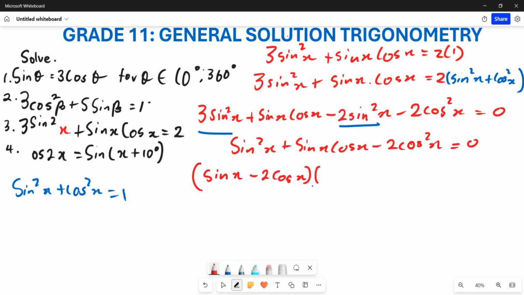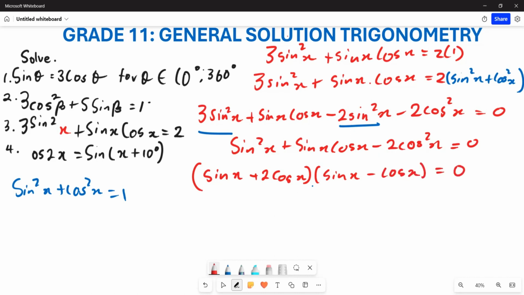The other one is going to be sine x. And remember, this is minus, so this one must be plus, and this is supposed to be minus cos of x, which is equal to 0.